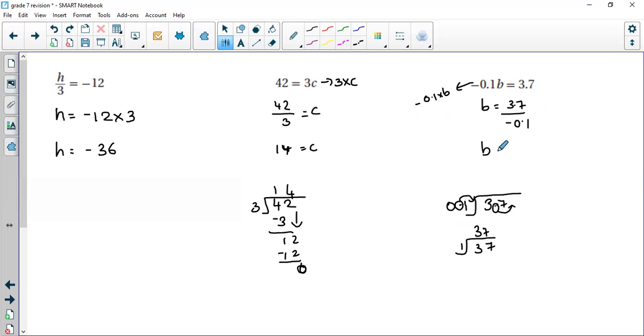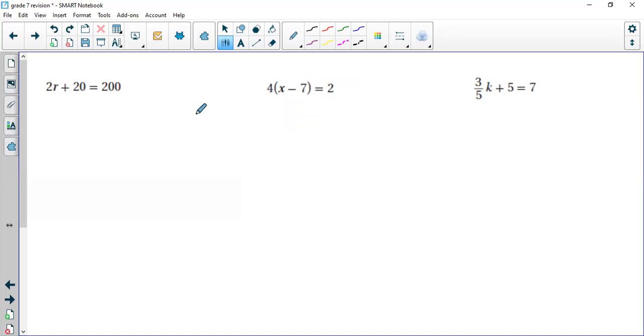So b equals negative 37. You can do it here as well. No need to do all these steps. Remove the decimal point, sorry, it will be moving 1 here, so here also it will move 1. So you have 37 divided by negative 1, which will give you negative 37. You can do it that way as well.